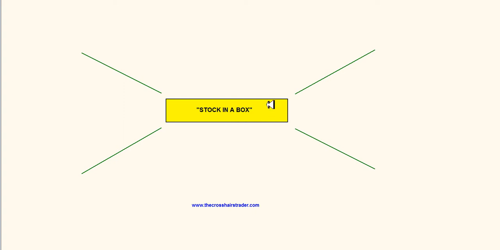The other thing too with a stock in the box, what I like, is when you're able to develop this box and you look for the breakout or the breakdown. What I like is with this box you have a clearly defined level that has been broken.